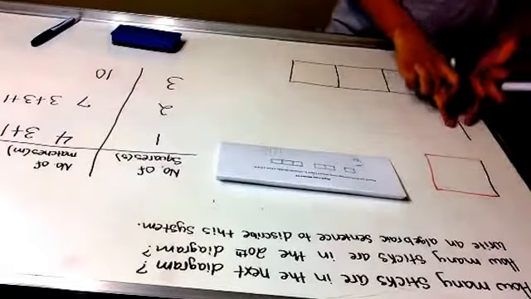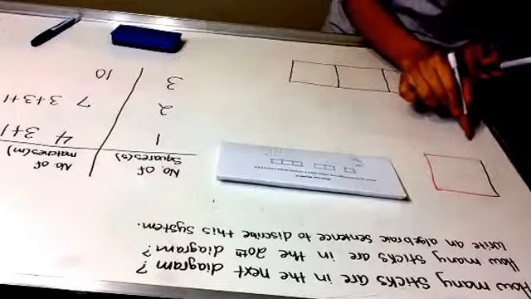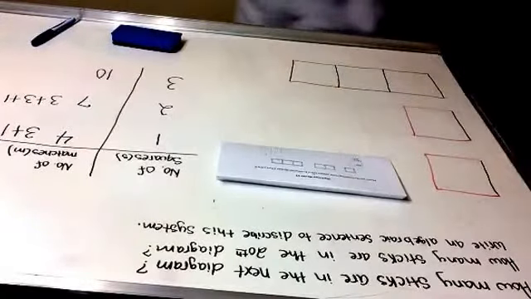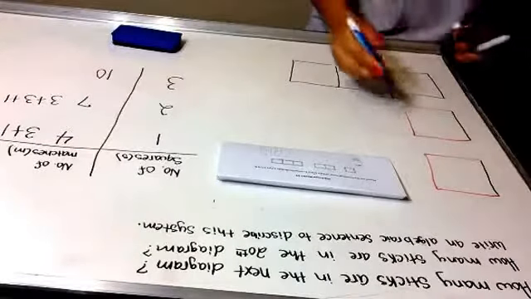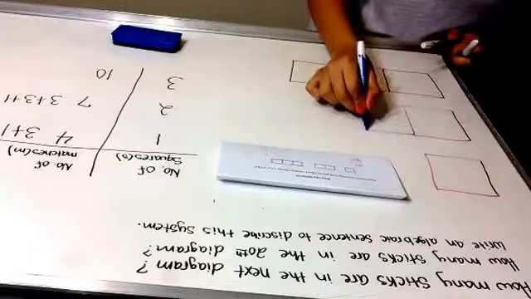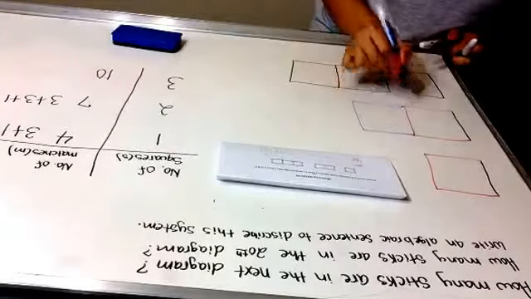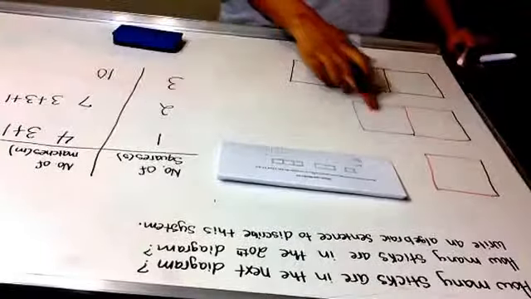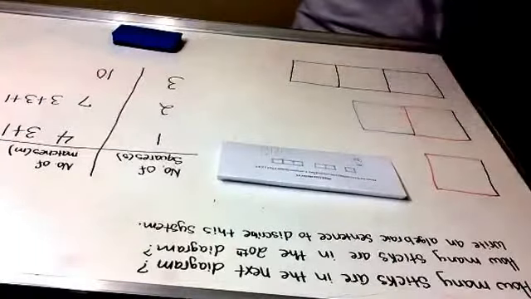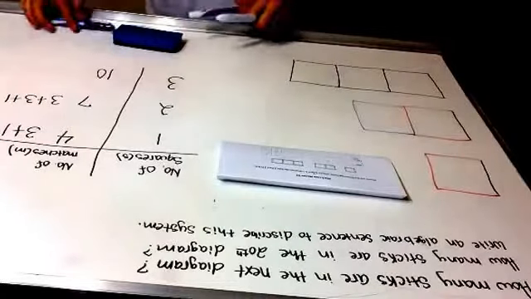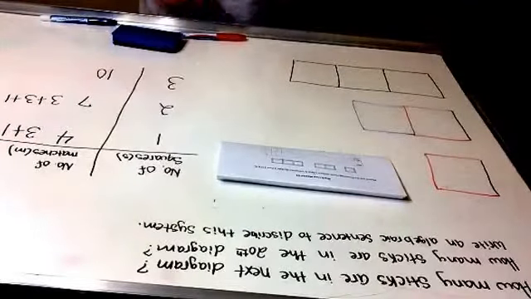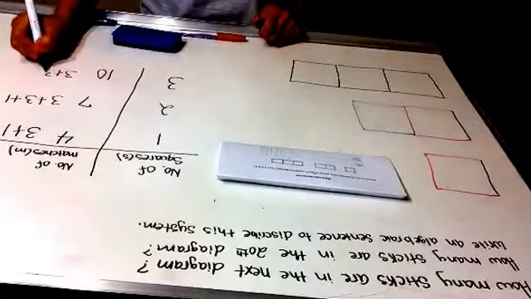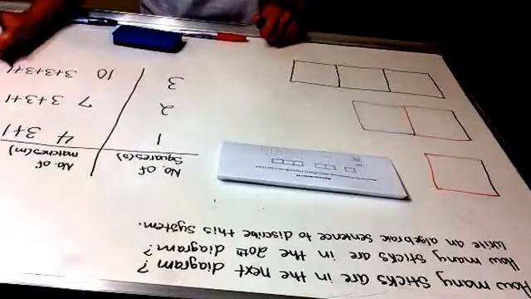So we have our 1 match, and then we have our first 3 sticks, and now we have a new set of 3 sticks. 1, 2, and 3. And then our 1 match. So 3 plus 3 plus our 1 match. Now we need to look at our 3 squares. And right here we have 3 plus 3 plus 3 plus 1.